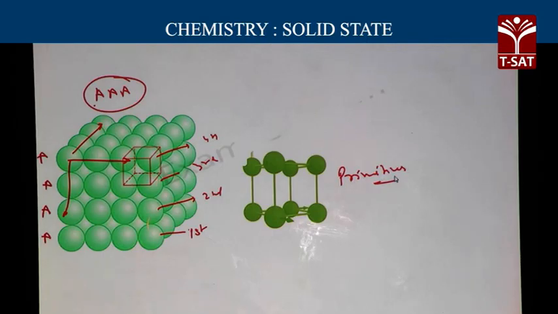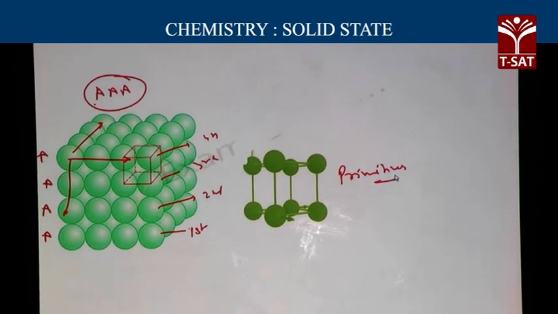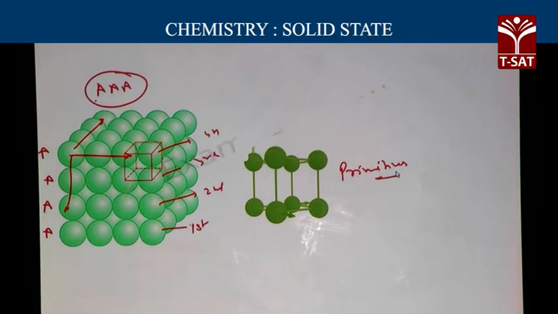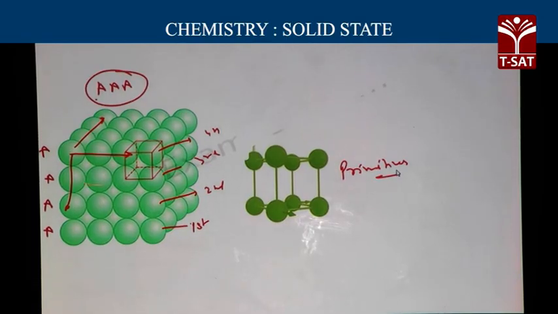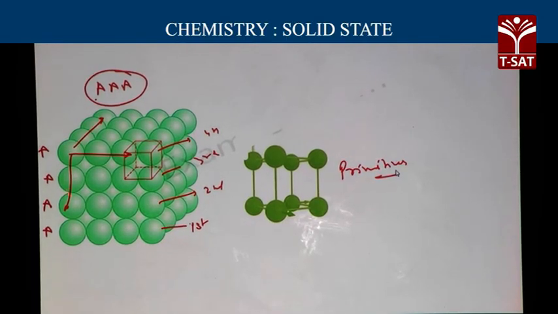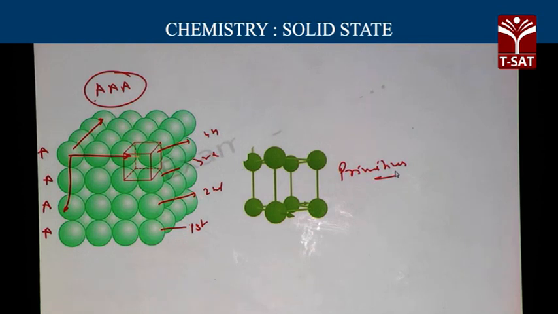Different 2-dimensional blocks are arranged in XYZ coordinates. This whole primitive or square packing unit cell is formed. This is known as primitive cubic close packing. Its coordination number is 4, A type.